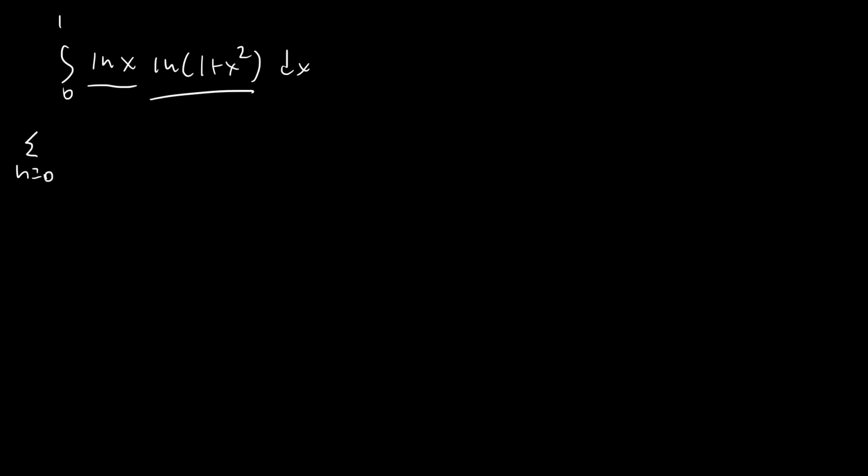So ln 1 plus x equals negative sum from n equals 1 to infinity of negative 1 to the n, x to the n over n. That's just the way I'm going to think about it.